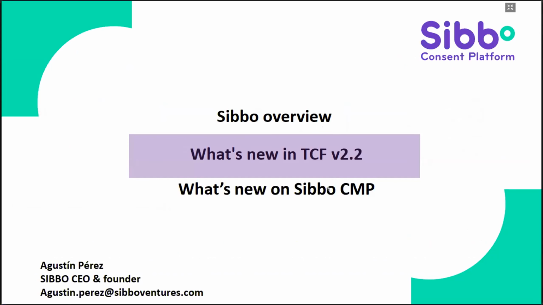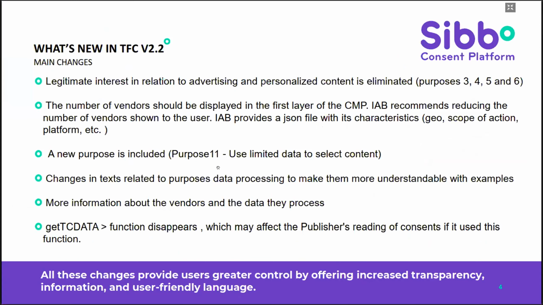Now, what's new in the TCF version 2.2? A brief summary of what is really impacting the user interface. Some purposes have been eliminated in legitimate interest. The number of vendors should be displayed in the first layer and also in the purposes.